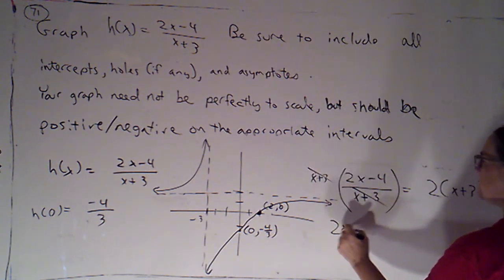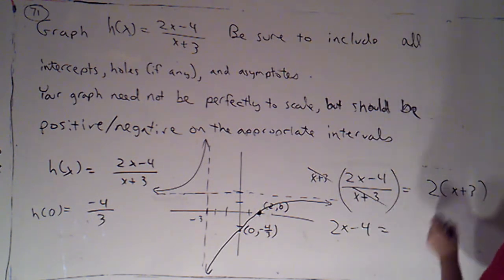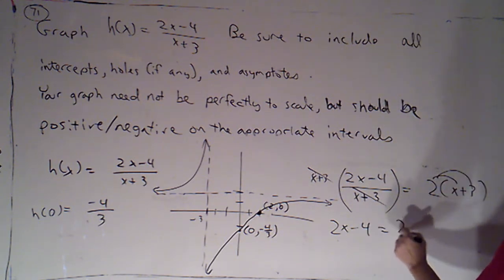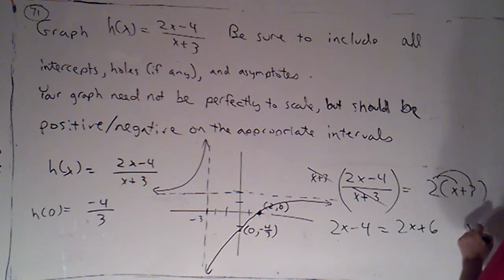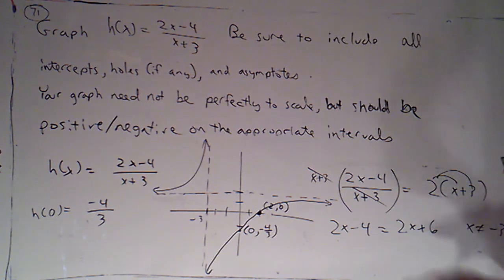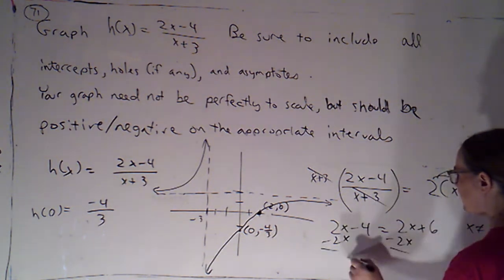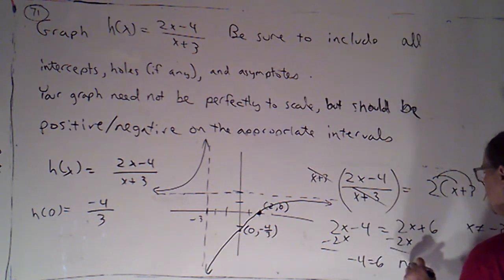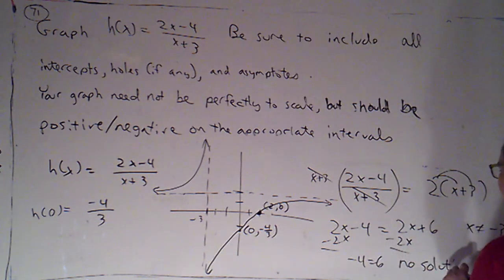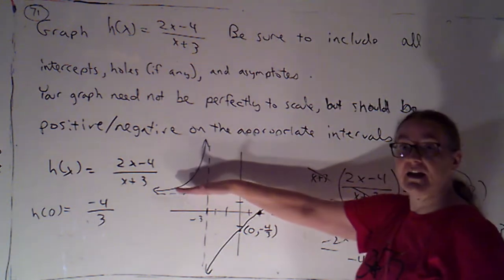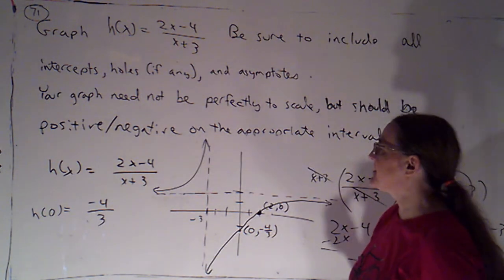So then I'd have 2x minus 4 equals, I'm going to just distribute, 2x plus 6, with the restriction that x isn't -3. That's not a legitimate solution because that would make the denominator 0. But now if I subtract 2x from both sides, -4 equals 6. Nope, no solution. So that does confirm that we do not touch this asymptote for this particular graph.